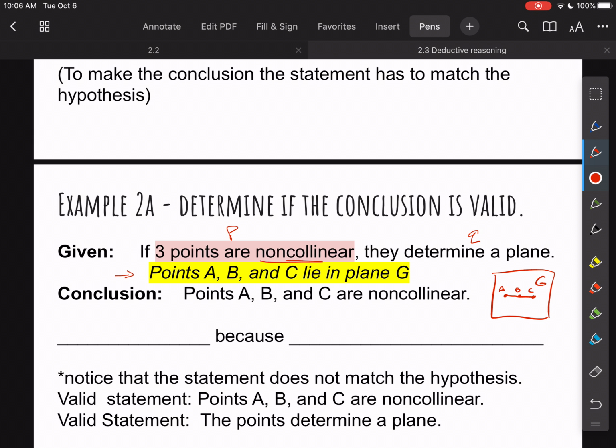So the conclusion here would be invalid, because what I would say is we don't know if A, B, and C are non-collinear.